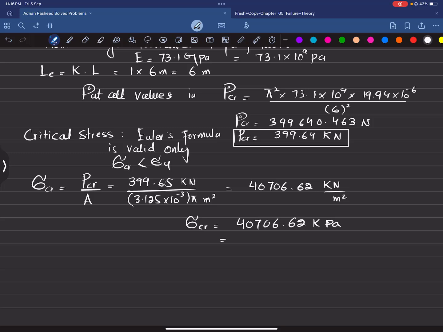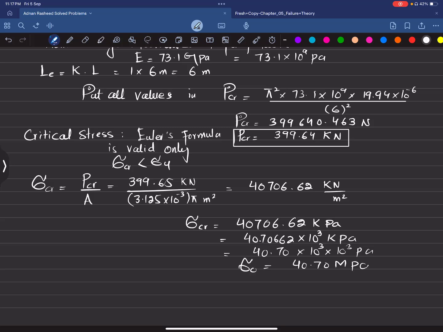And again, you can also write it as 40.70662 into 10 raised to power 3 kilopascal, and kilo is also 10 raised to power 3 Pascal, so that will be equal to 40.70 megapascal. So this is your critical stress.